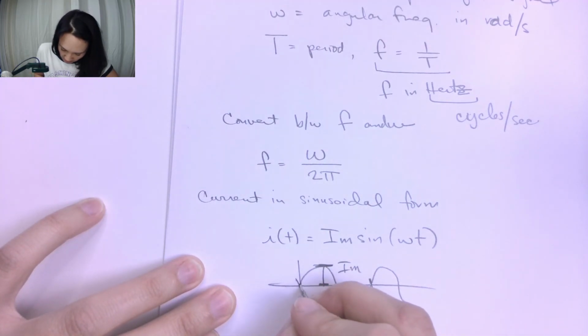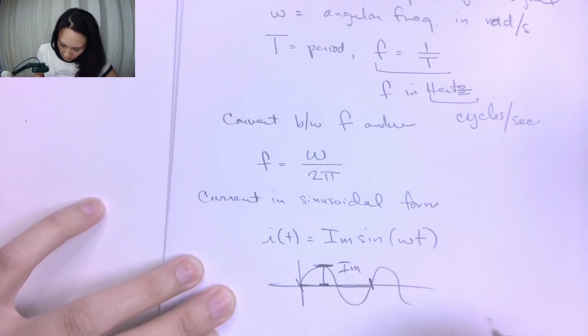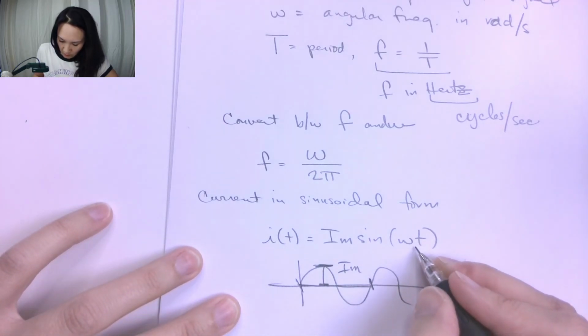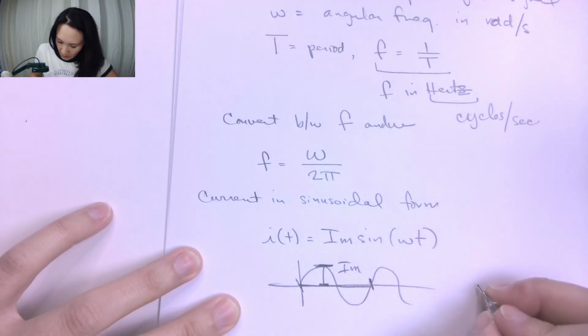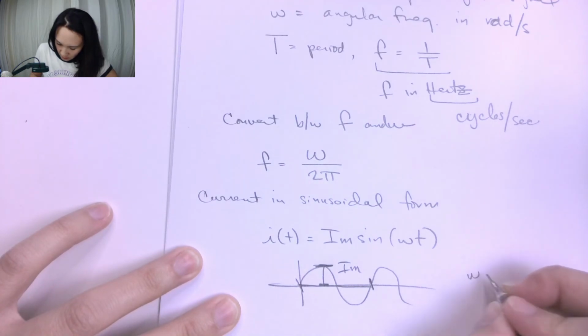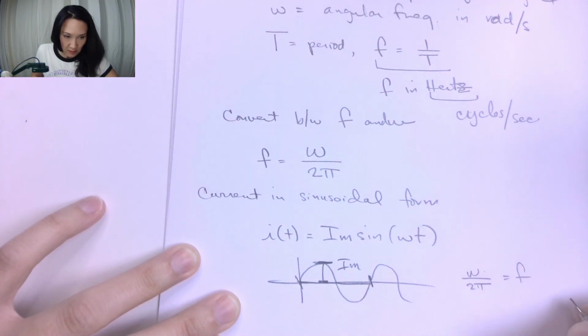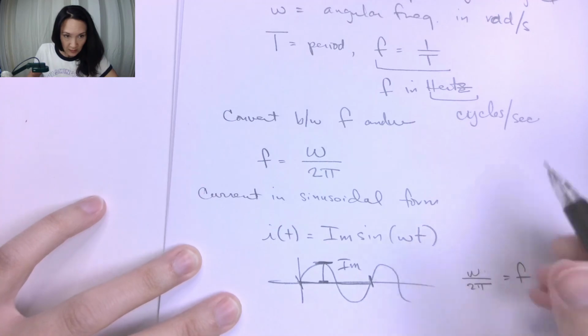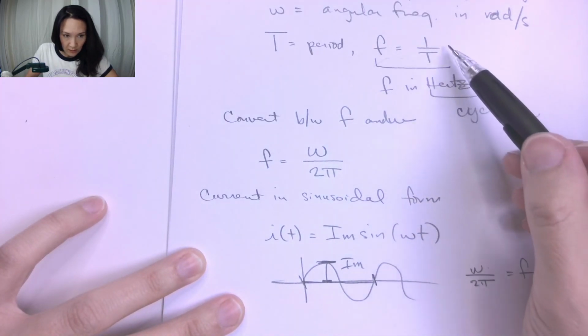And then we can also find the period. If from here to here is 1 cycle, we know that given this omega, if we do omega divided by 2 pi, that's going to give us the frequency. Frequency is 1 over period.